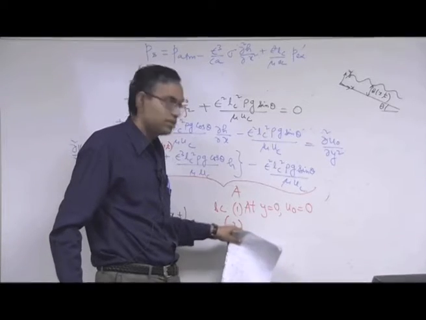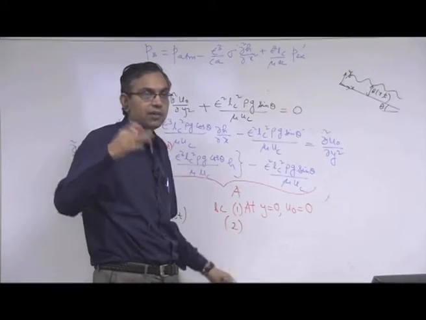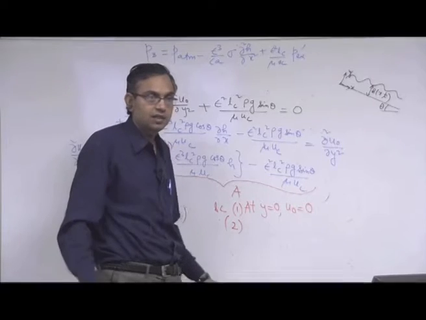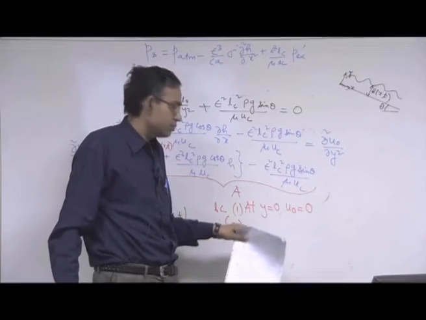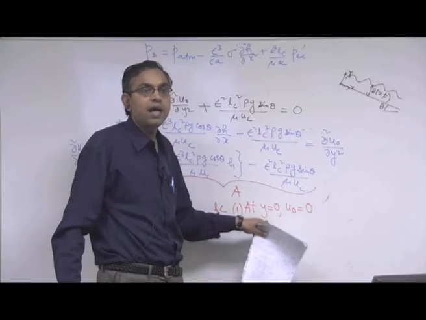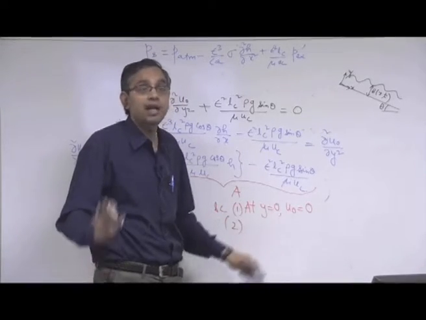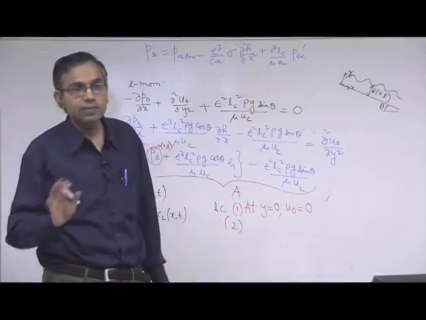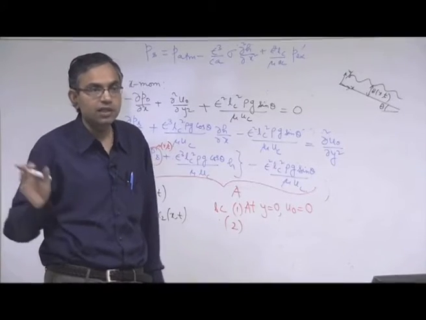Not no shear, I mean there could be shear because of surface tension gradient. So the tangential stress balance or tangential force balance, better to say, not stress balance is not a correct term, you cannot balance stresses.